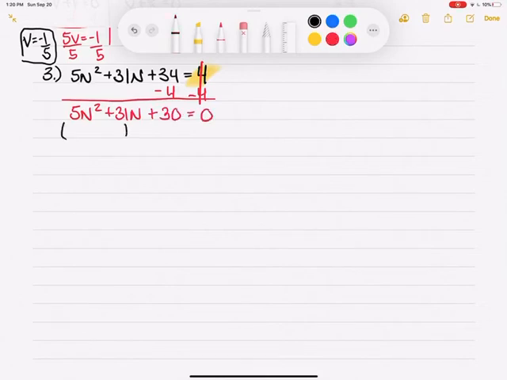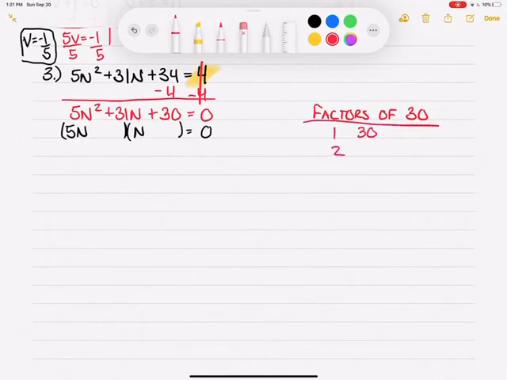I'm going to break apart my trinomial. 5n squared can be broken down as 5n and n. I'm going to look at the factors of 30. The factors of 30 are 1 and 30, 2 and 15, 3 and 10, and 5 and 6.